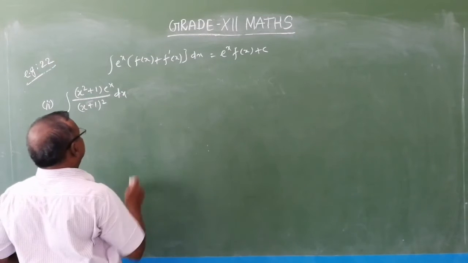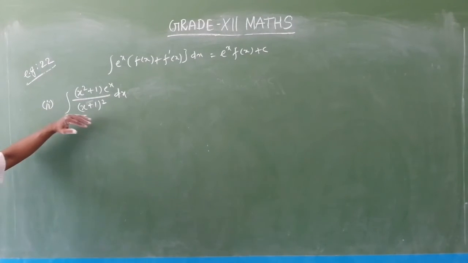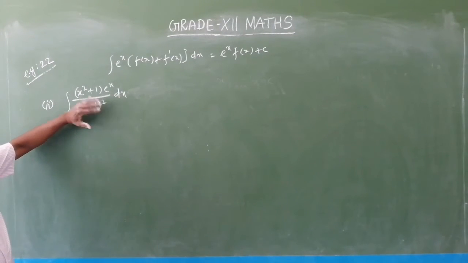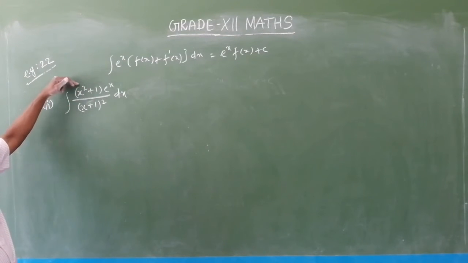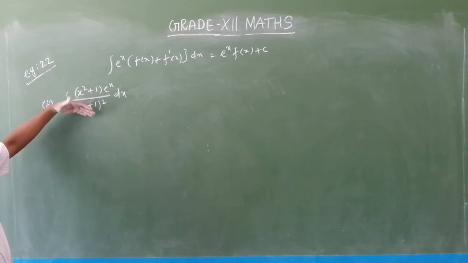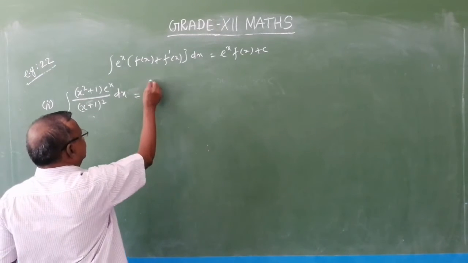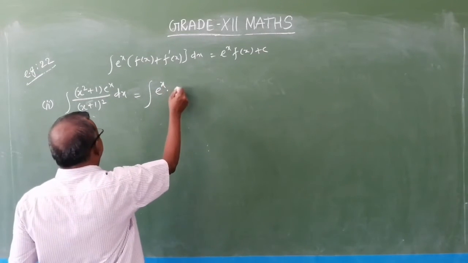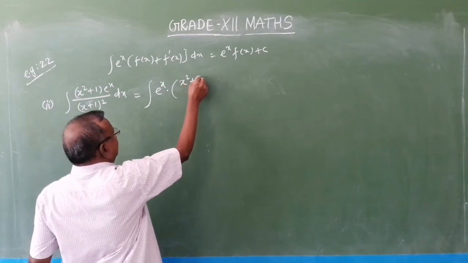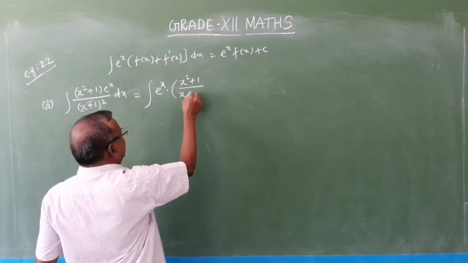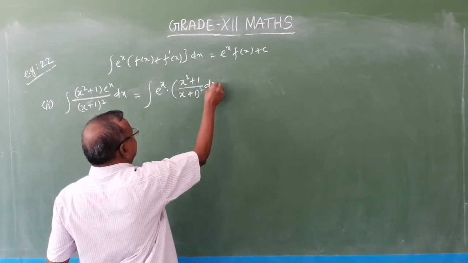Now, we do not know directly on seeing this; the derivative of the denominator is not the numerator, so we have to simplify it. That is equal to integral e power x into x square plus 1 divided by x plus 1 the whole square into dx.